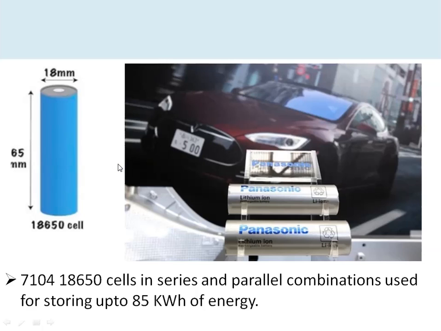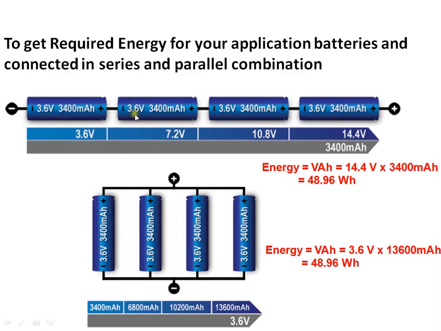In one model, the S model, they are using 7104 18650 cells, in a combination of series and parallel configuration to achieve 85 kilowatt hours of energy. Here we can see how this number of cells are connected in series and parallel configuration. Each cell has 3.6 volts and 3400 milliampere hour.